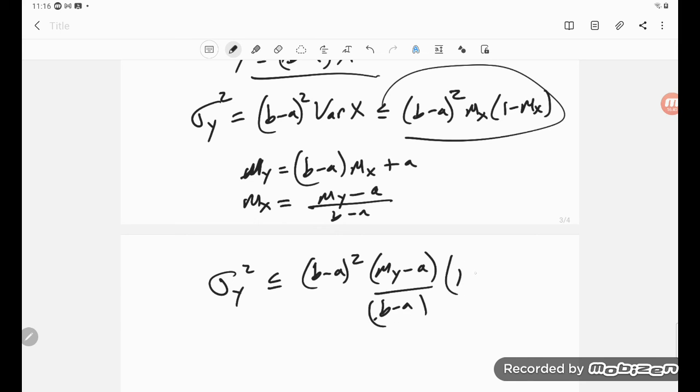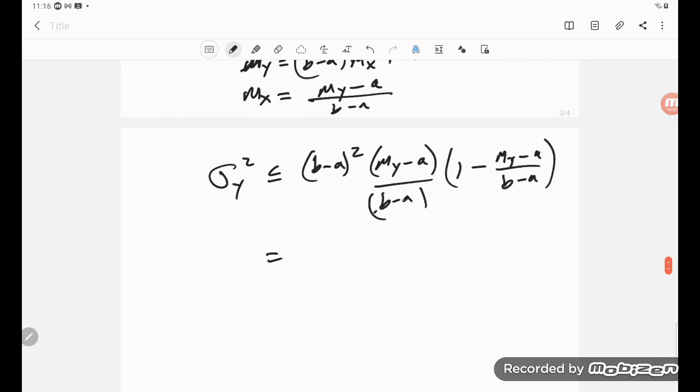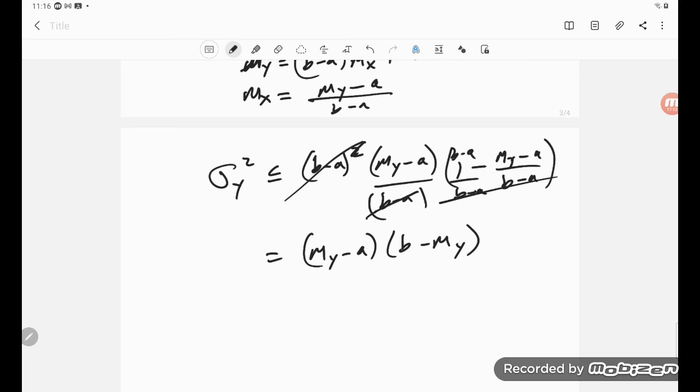Then times 1 minus the mean of x, so that would be my minus a over b minus a. But when I get my common denominator, I get my minus a times b minus my, and when I did this b minus a over b minus a to get the common denominators, I got rid of the other. And so there we go.